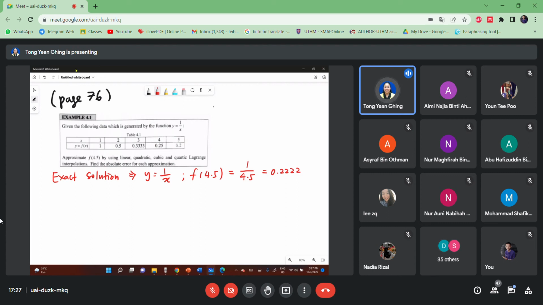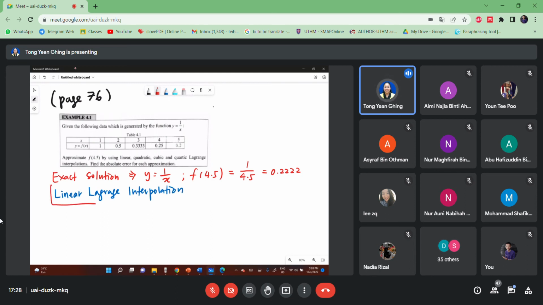Now we want to find it using linear Lagrange interpolation. For linear, how many data points?